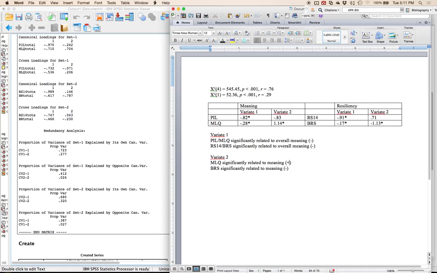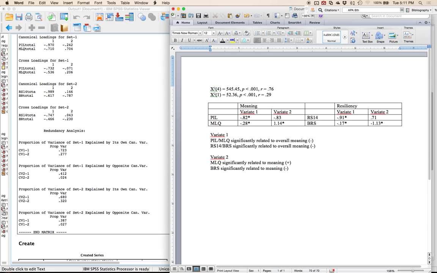So if you're searching for meaning, you may not be as resilient as if you found it and you know you have it. And so we've got one positive and one negative, but the correlation between them is overall positive. So as MLQ goes up, the brief resiliency scale is sort of going down because it's contributing more on the lower end.